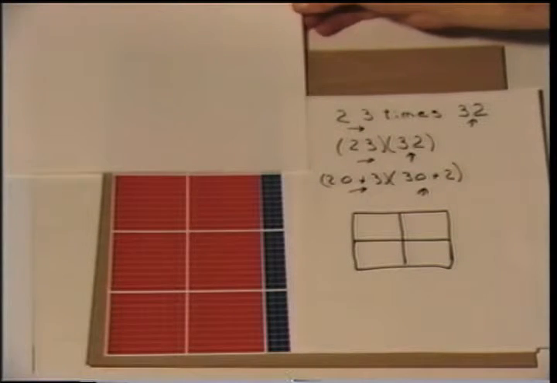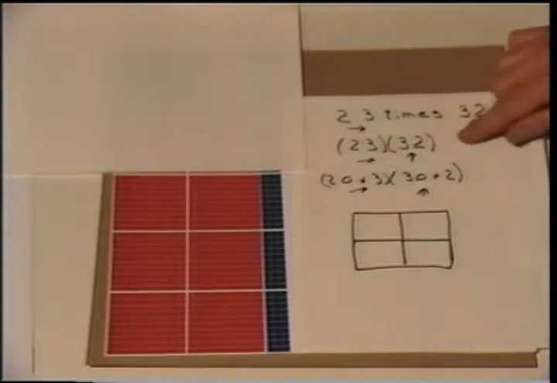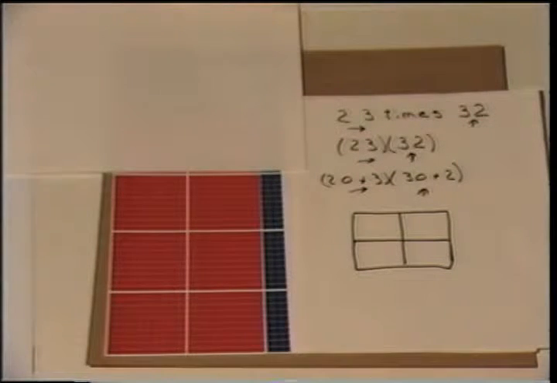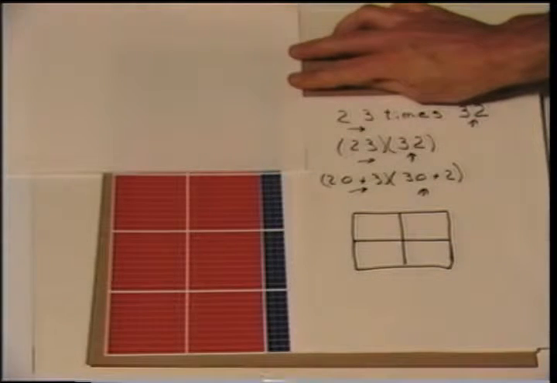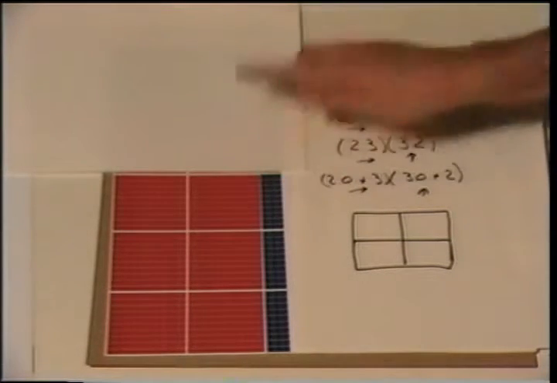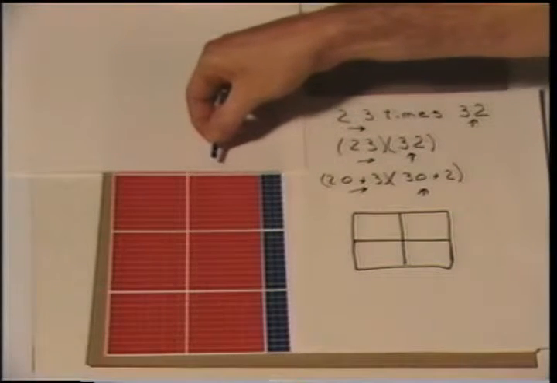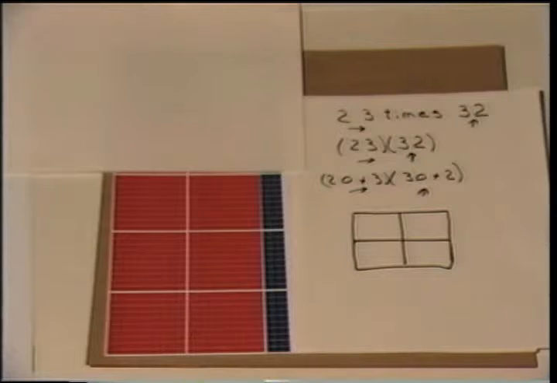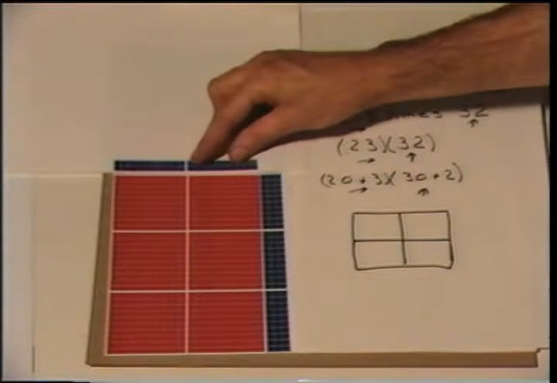Then I must move up 2 more. Not 2 more bars of 10, I must move up 2 more units. Here we could see how much more I must move up. I must move up 2 more units. I came up 2 more units.